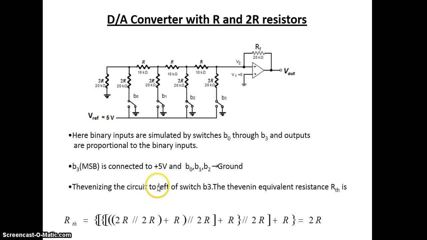Suppose B3 is connected to plus 5 volt, and B0, B1, B2 are connected to ground. That means B3 is equal to 1, and B0, B1 and B2 are equal to 0, connected to ground.